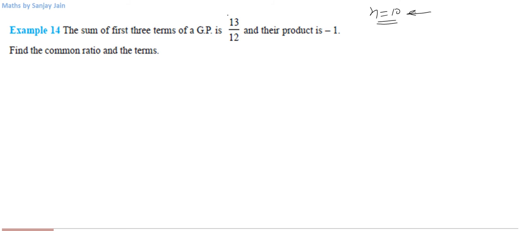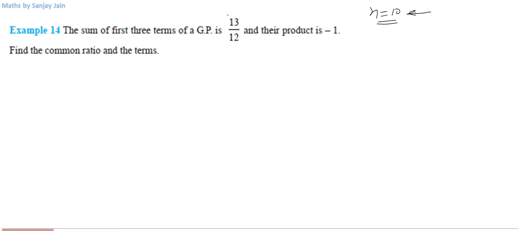So R will either be -4 by 3 or it will be equal to -3 by 4. So these are the 2 possibilities for the common ratio. So this is your answer for the first part of this question, that common ratio is either -4 by 3 or -3 by 4. And then we need to find the terms, right?